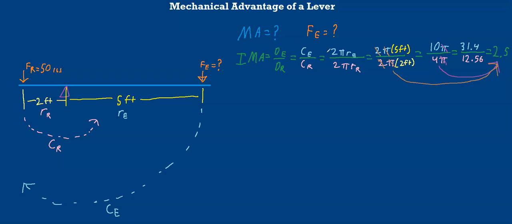And so what does that mean? Well, if we rewrite this equation right here, we could say 2 pi times the radius effort divided by 2 pi times the radius resistance.